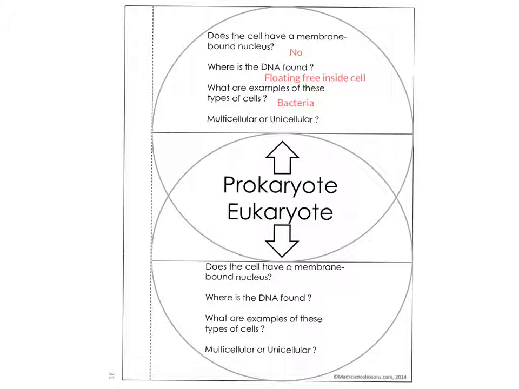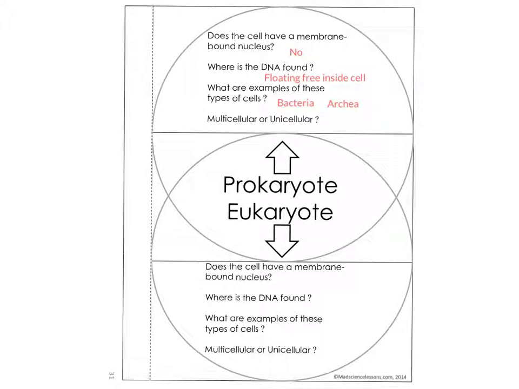Examples of this type of cell include bacteria, and I want you to go ahead and add another example, another organism which is like a bacteria, but these are called archaea. Archaea are a separate type of prokaryotic organism that we're going to discuss in our next chapter, because they make up a wholly different domain of organisms that are similar to bacteria, but they are special in some ways.